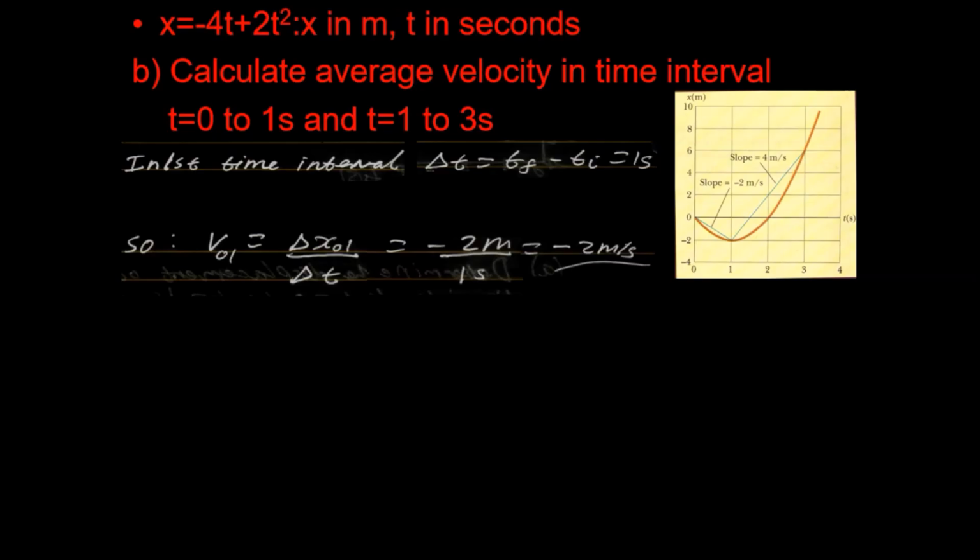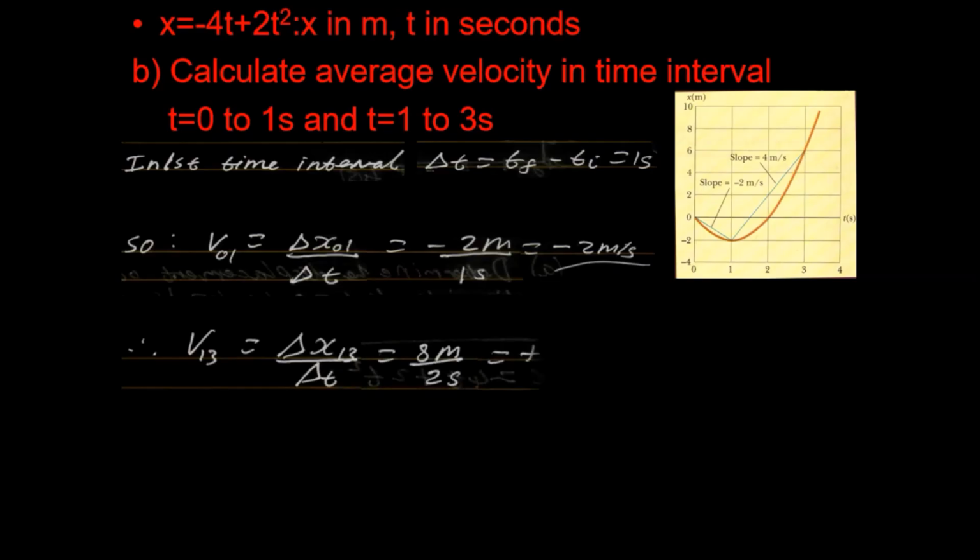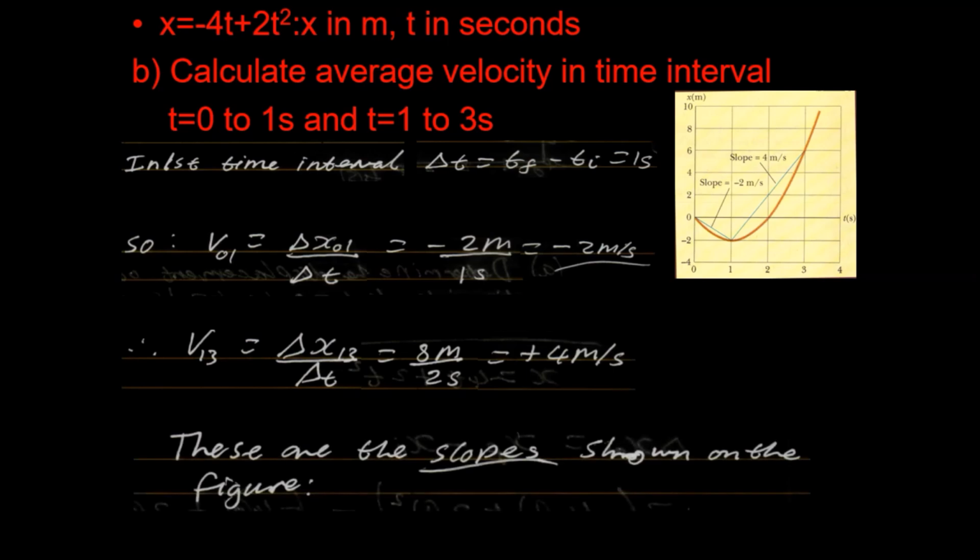This will give us negative 2 meters per second. v13, the second time interval, will be 8 over 2, which will give us 4 meters per second. Those are basically the slopes straight off of the graphs. So you could have just quoted the slopes, but here we showed the same thing in an algebraic sense.